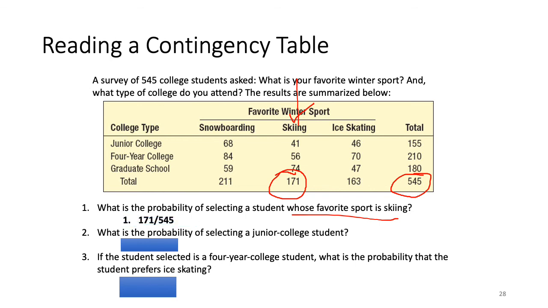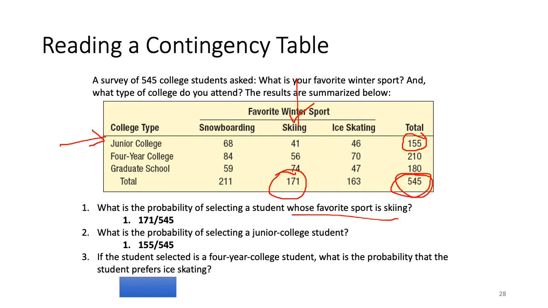Second, what is the probability of selecting a junior college student? In this case, we're looking at this junior college row. 155 out of the 545 were junior college students. And that would be the probability if we transform that into a decimal. 3. If a student is selected as a 4-year college student, what is the probability the student prefers ice skating?